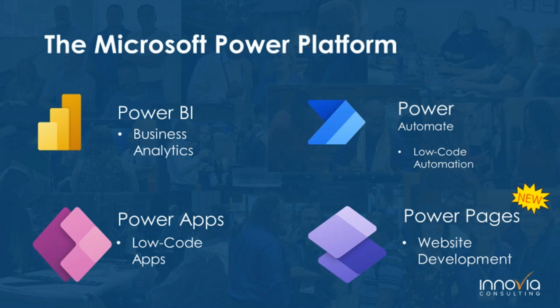So Power BI is a business analytics tool, and it is great for extracting data. With Power BI, you will be in that read-only mode, so you won't be writing data anywhere, you won't be modifying data. It's all about reading your data, understanding your data, and ultimately making decisions based off of your data.